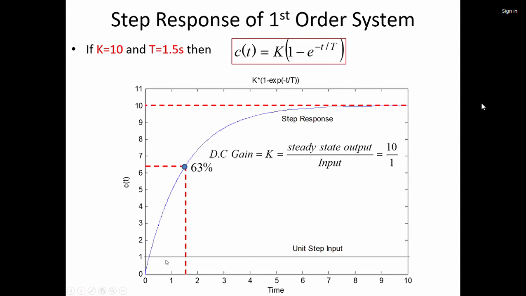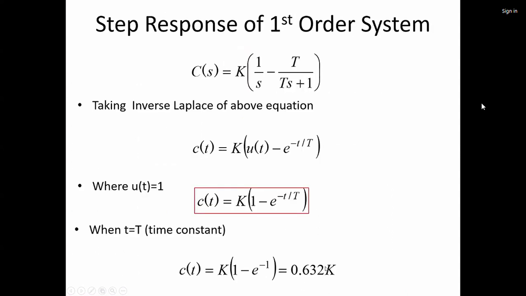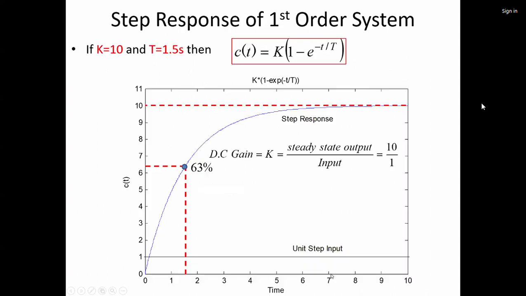At first one time constant, the output has reached nearly 63% of the steady state output. So this 0.632 into K says that the output has reached 63% of the steady state output.